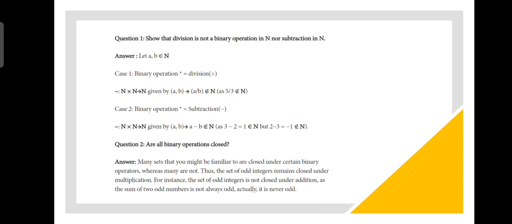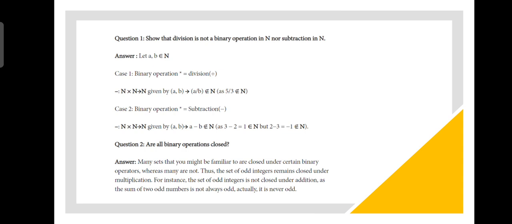Next question: are all binary operations closed? Then it is not true. When we say whether a binary operation is closed or not, a binary operation is closed when we combine any two elements of that set and the resultant is again in the set. But all binary operations are not closed.